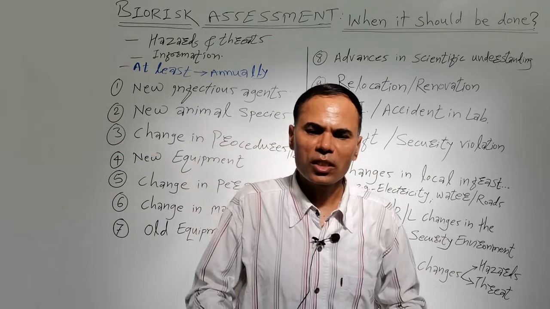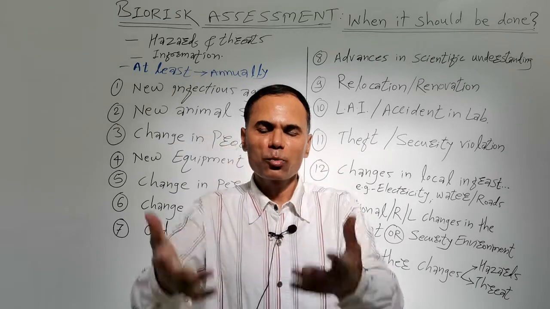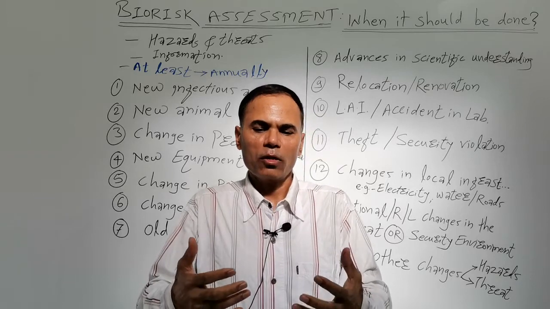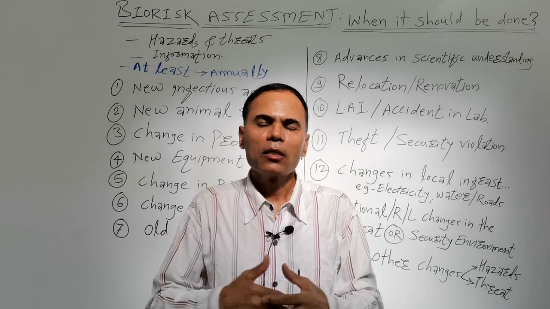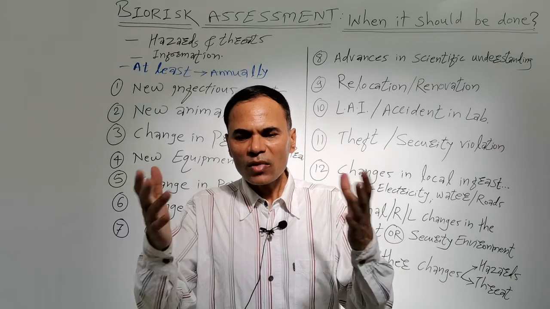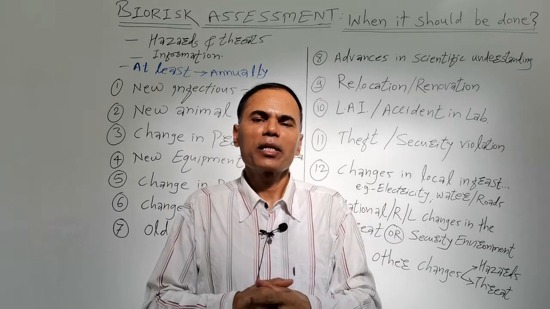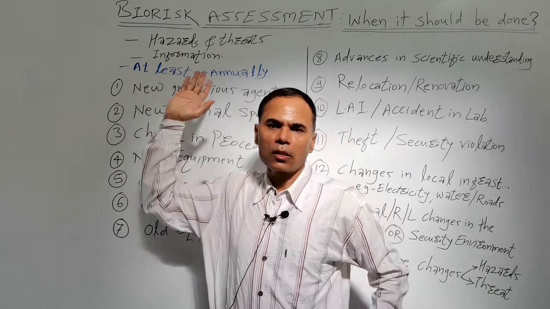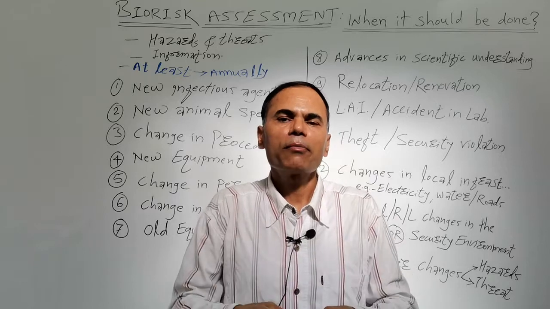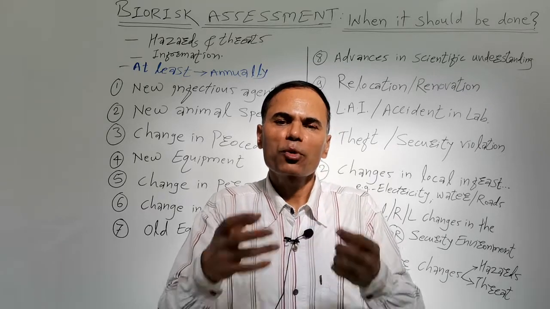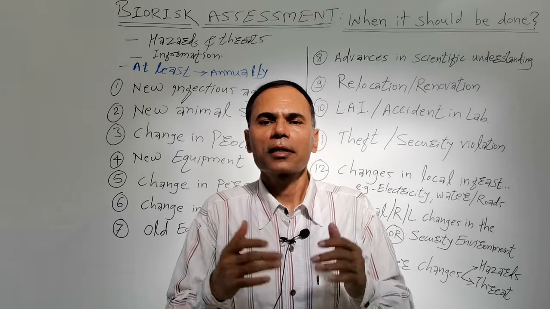It can be done when a new project is going to start. The principal investigator as well as the team should do the risk assessment, and risk mitigation can be done properly when all hazards and threats are determined properly. That will help to take the appropriate control measures and mitigate the risk.